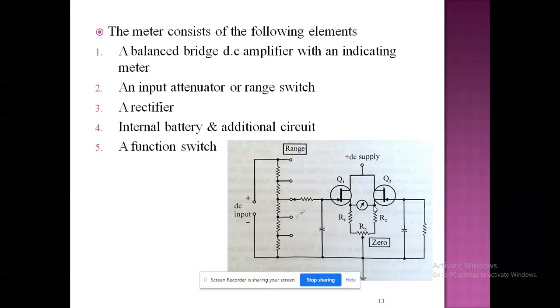Now, when no input signal is applied to the gate terminals of the FETs, the gate terminals are at the ground potential and no current should flow through the indicating meter. Under this condition, the bridge is balanced.